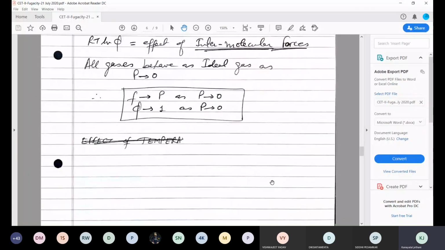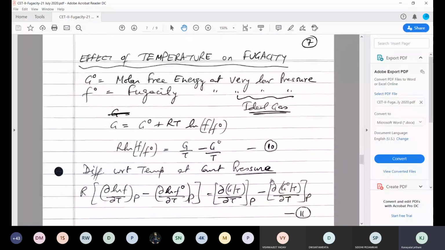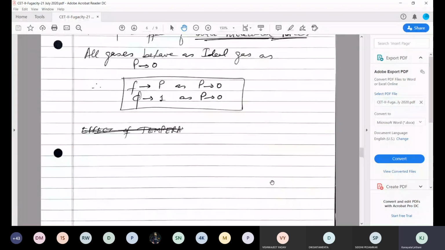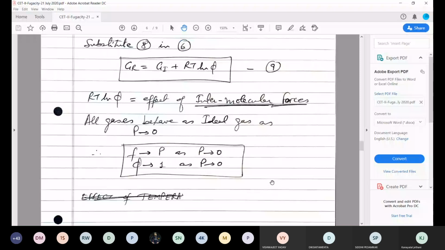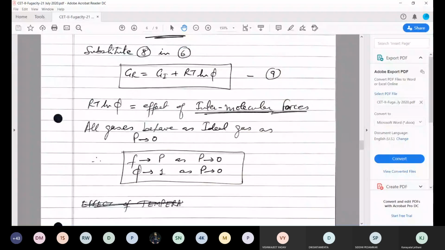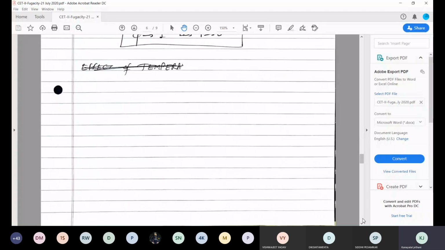Okay, so if it is clear, then let us proceed to next slide. Effect of temperature. इतना समझ में आया तो बोलो, नहीं समझ में आया तो बोलो. Any doubts on this equation 9? Okay, there is no comment.